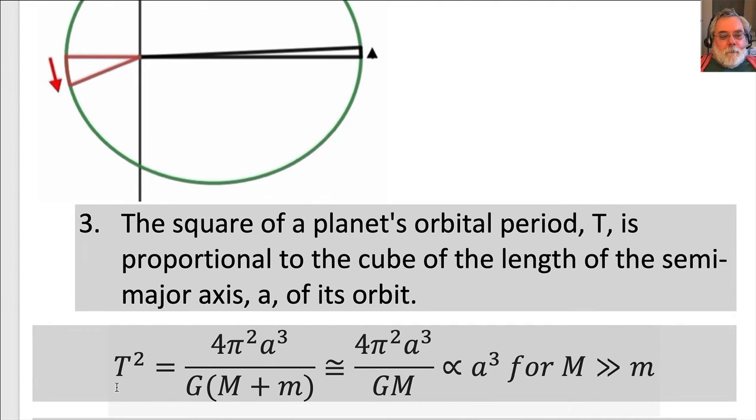And so the period squared becomes proportional to the semi-major axis cubed without regard for the smaller mass. It takes a bit of work to prove this formula using Newtonian mechanics, which we won't do here.